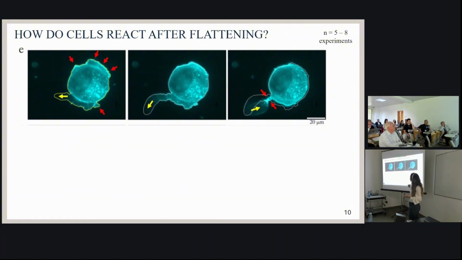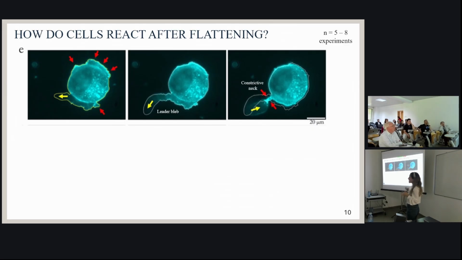Then this bleb just continuously grows, forming a larger and more organized structure. After a short time, there is an increase of actin recruitment in the connection between the little bleb and the remaining body, and we call this structure the constrictive neck.